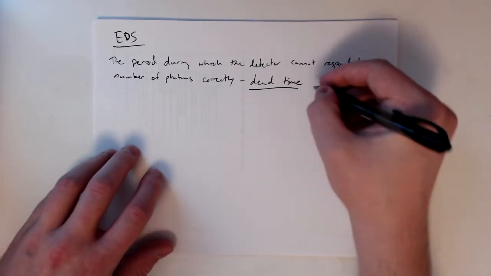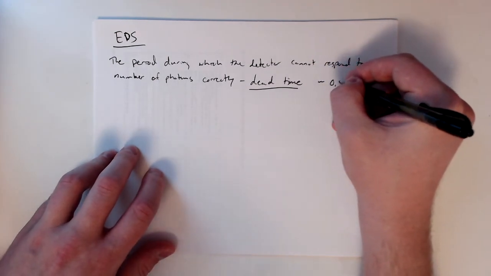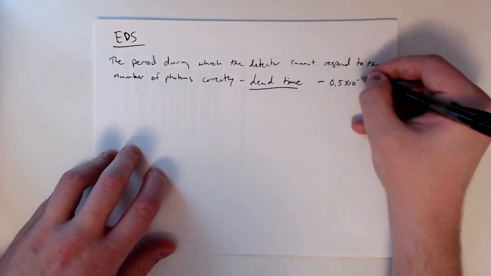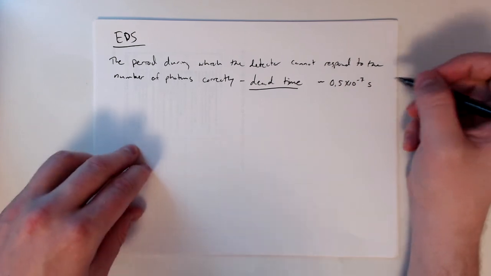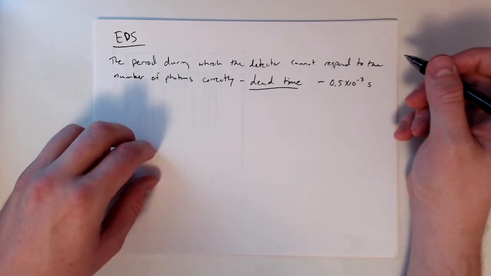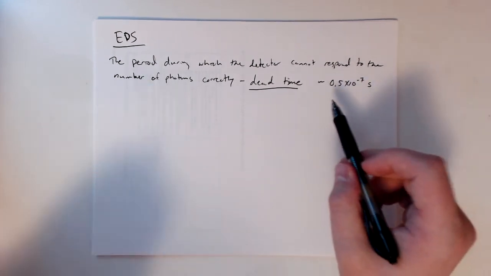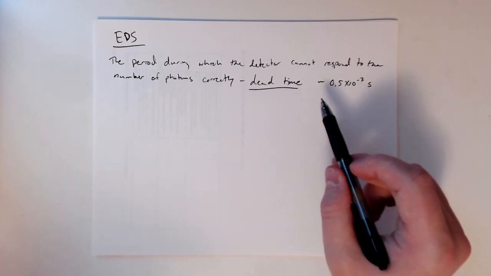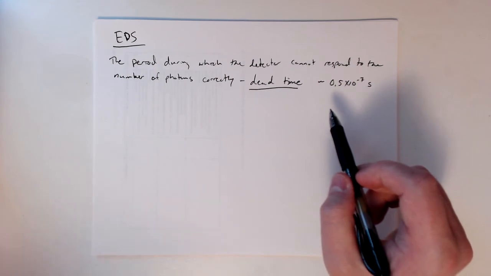And so this is on the order of 0.5 times 10 to the minus 7 seconds. So this seems like a short time, but it still causes some issues. So this is with the older detectors. The SDD ones are much better in this case.